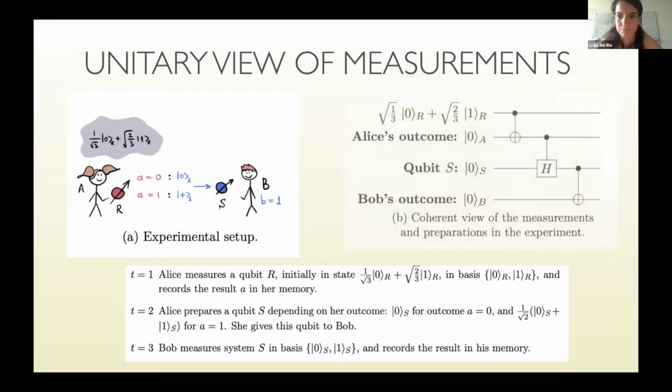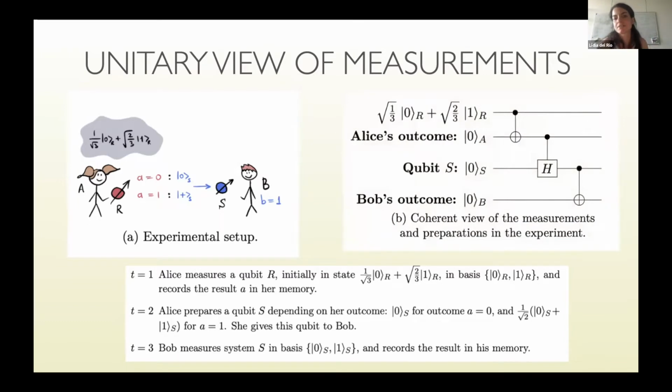So how would we model this? Think again that we are Wigner, we are from the outside, and Wigner has this Copenhagen interpretation, looking at all of these as unitary evolutions of quantum systems. So it sees that, first, we have this first register, which is qubit R. It's measured by Alice. This is a unitary evolution, for example, a C0.